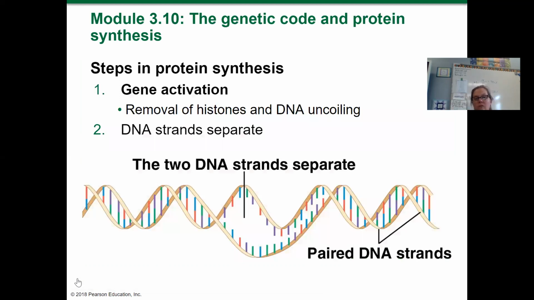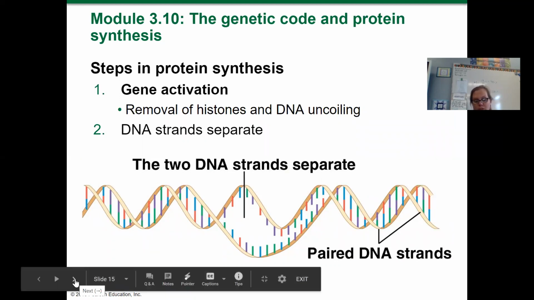Of course, there's many more of those. All right, so protein synthesis, gene activation. So the gene has to be turned on so that it's available to transcribe and translate. And then it has to be accessible. So the DNA strand has to uncoil and separate so that it is accessible for some of these enzymes to come in and transcribe.